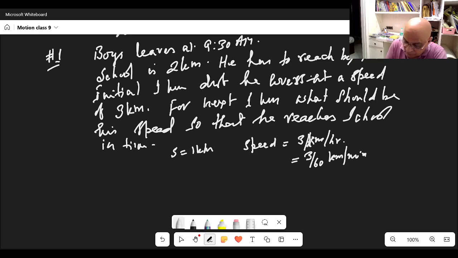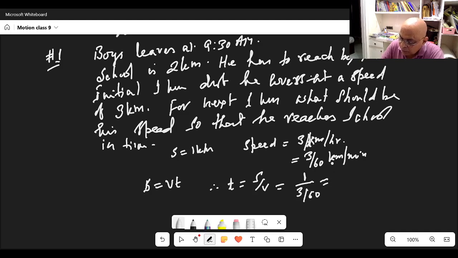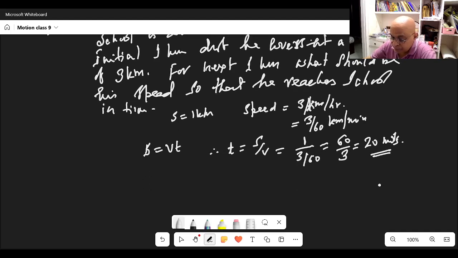Now we know S is equal to Vt. Therefore, T will be S by V. S is 1 kilometer and 3 by 60 is the speed. 60 will come in the numerator, so 60 by 3 means 20 minutes. Means for the first 1 kilometer, he takes 20 minutes.